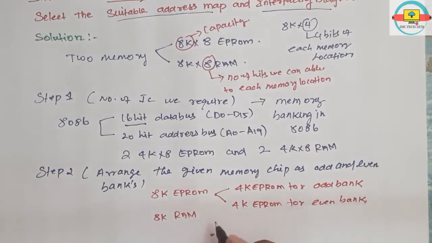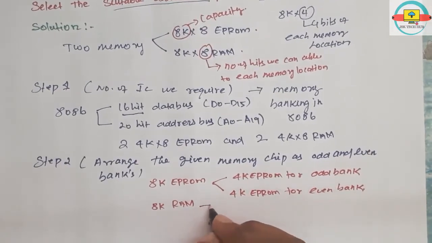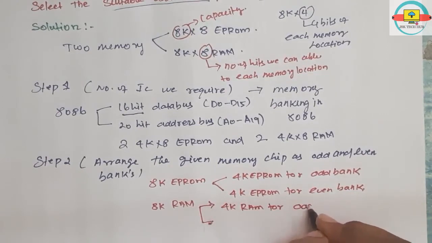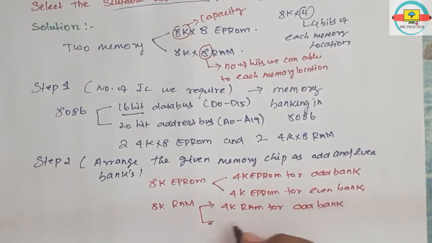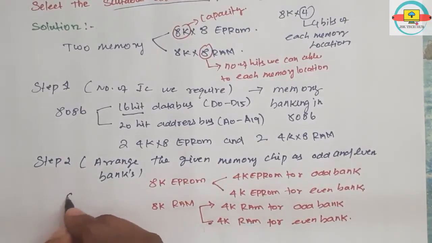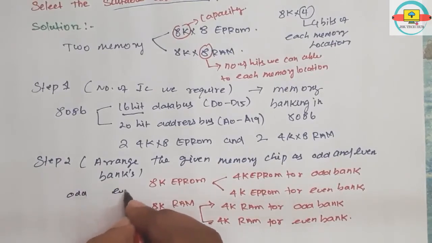Similarly, for RAM memory, 4K RAM for the odd bank and 4K RAM for the even bank. So now my memories are arranged like that: odd memory, even memory.